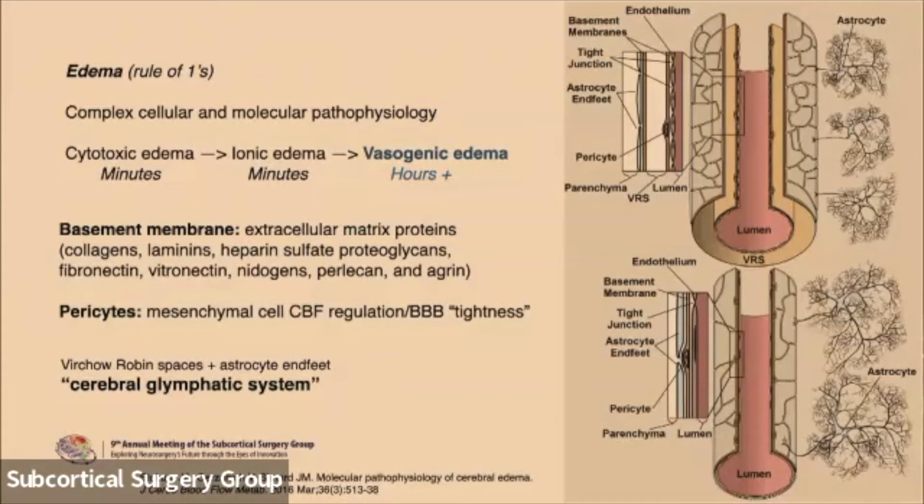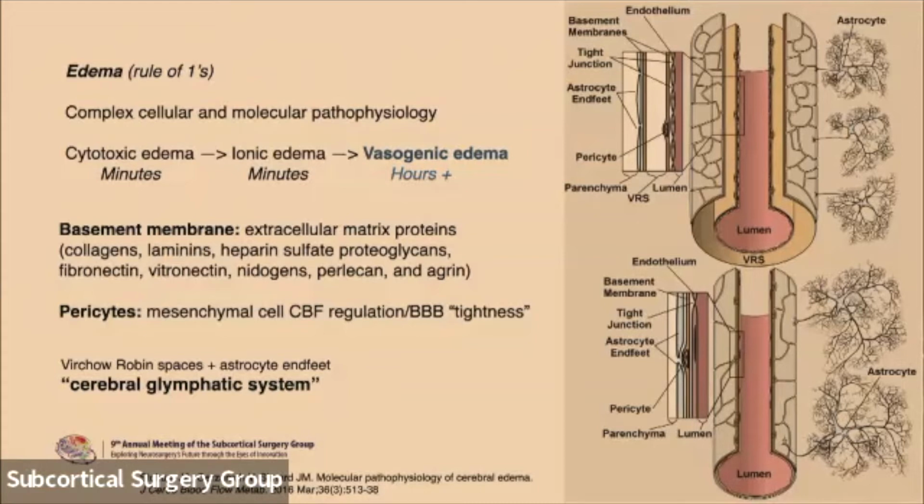Edema is, again, I don't want to do an MRI physics talk or a histophysiology and pathology talk, but we know that cytotoxic edema and ionic edema is a matter of minutes, and vasogenic edema is a matter of hours.